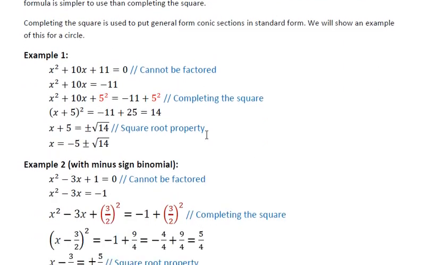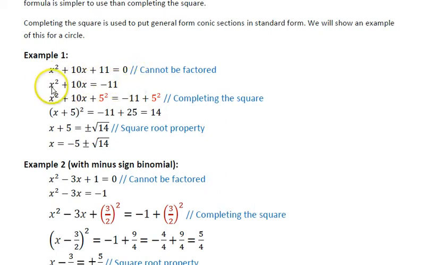Example 1. We have a quadratic equation, x squared plus 10x plus 11 equals 0. We can't solve it by factoring or through the square root property. What we'll do is move the 11 to the right hand side by subtracting 11 from both sides and getting negative 11 on the right.